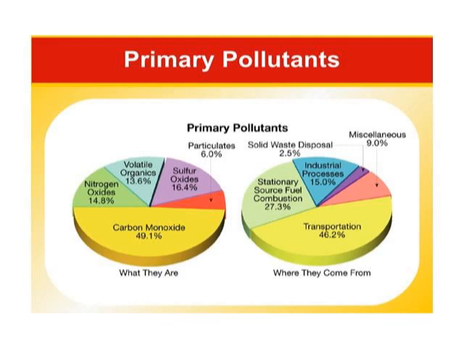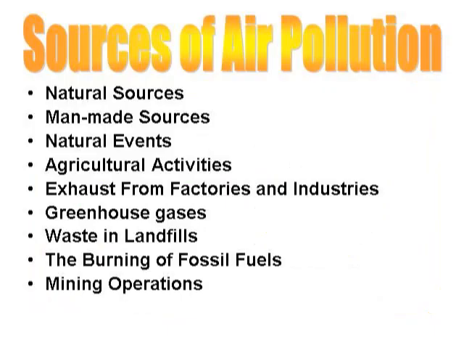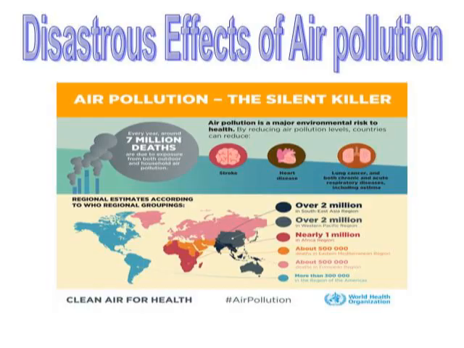You can see the sources of air pollution: natural sources, man-made sources, natural events, agricultural activities, exhaust from factories and industries, greenhouse gases, waste in landfills, the burning of fossil fuels, and mining operations.